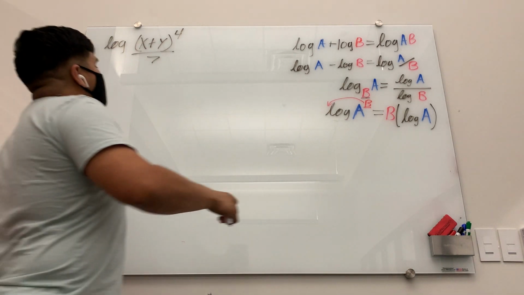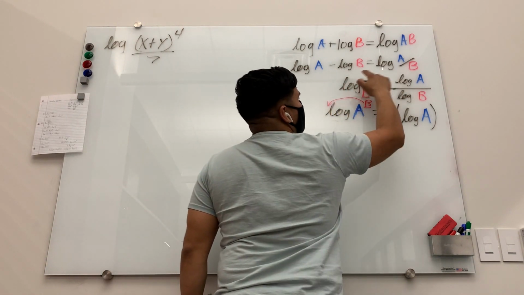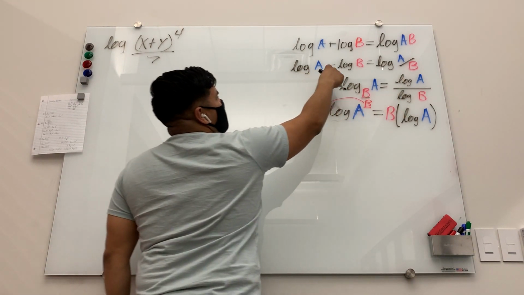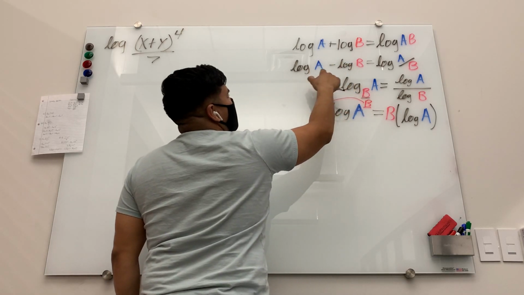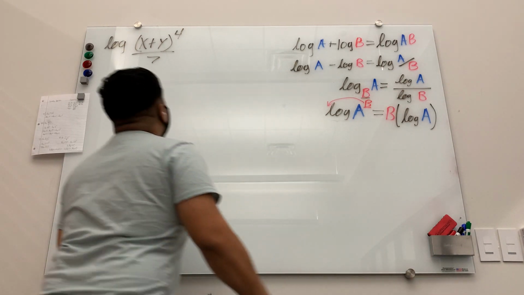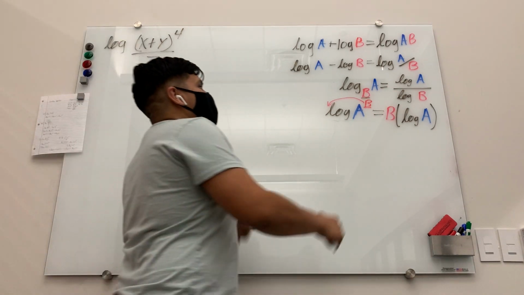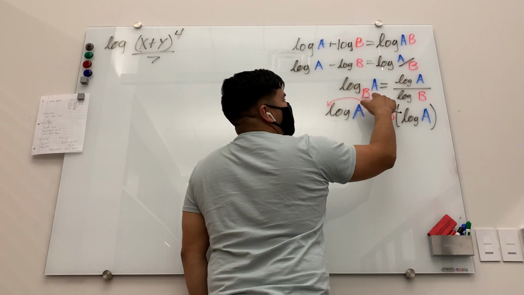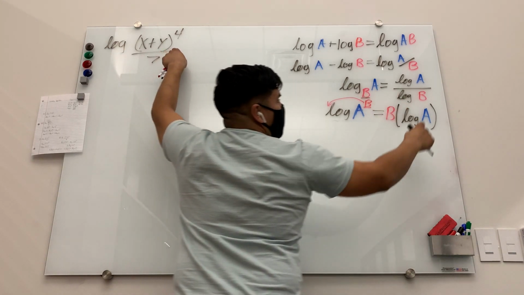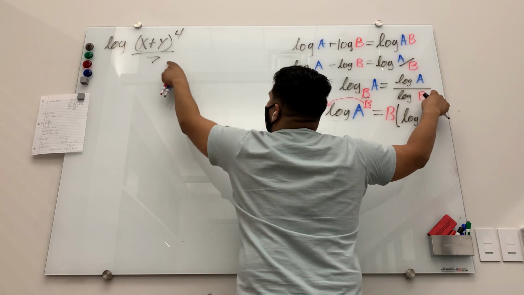We can either start with our second property, where log of a minus log of b is equal to log of a over b, or we can use our other property, where log base b of a is equivalent to log of a divided by log of b.